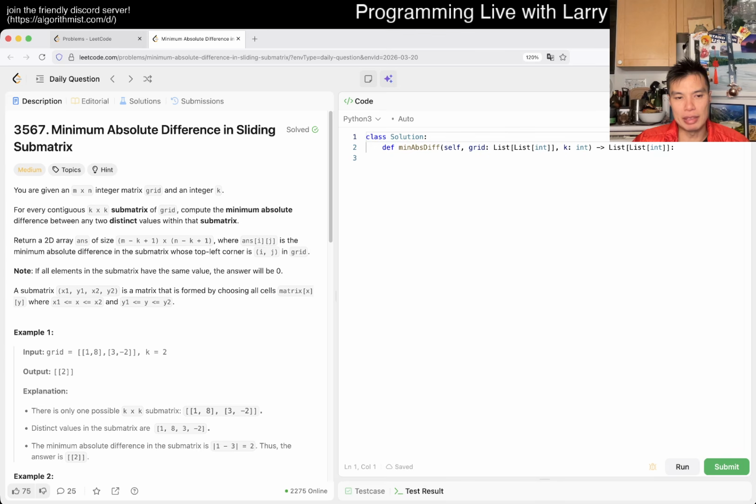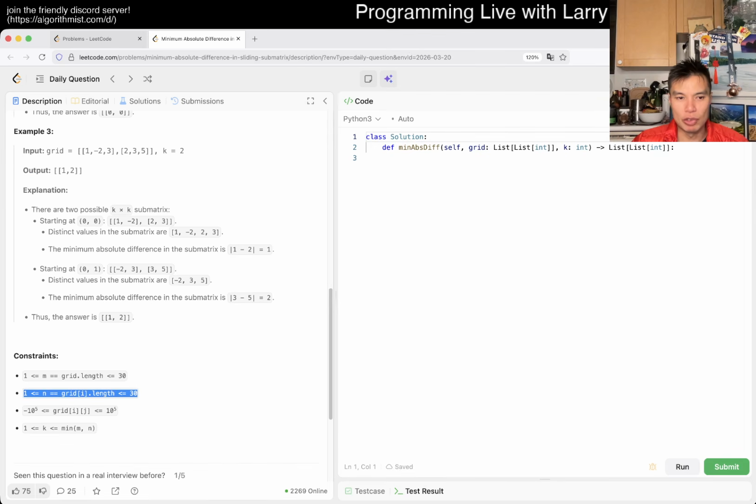How would I think about this, right? I think the first thing is just look at the constraints to make sure that we're not doing anything too crazy. And that's only 900 squares, right? Not divided by 30. The short answer is just that we don't have to do anything fancy.